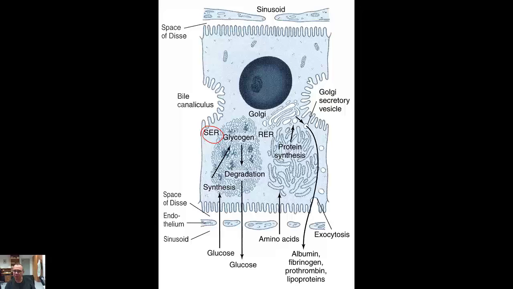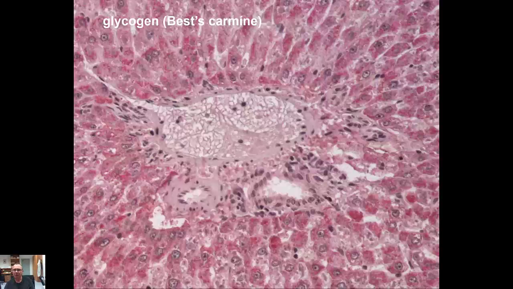It doesn't only produce bile acids, but it also metabolizes glycogen. I was already speaking about protein synthesis and formation of plasma proteins. It was already said. It is the endocrine production of the hepatocyte.